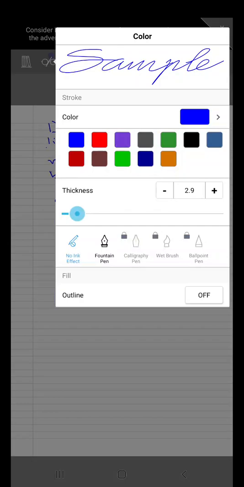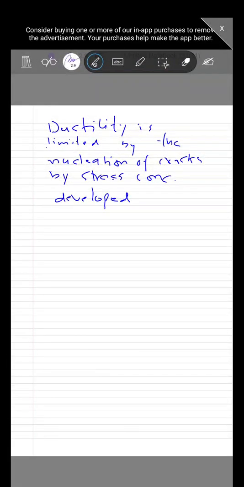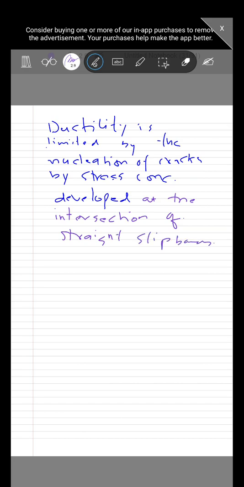We can include that. So this is important: ductility is limited by the nucleation of cracks by stress concentrations developed at the intersection of straight slip bands and grain boundaries.